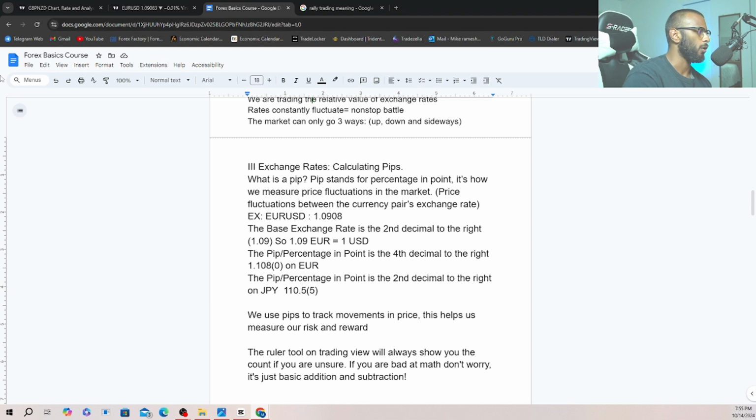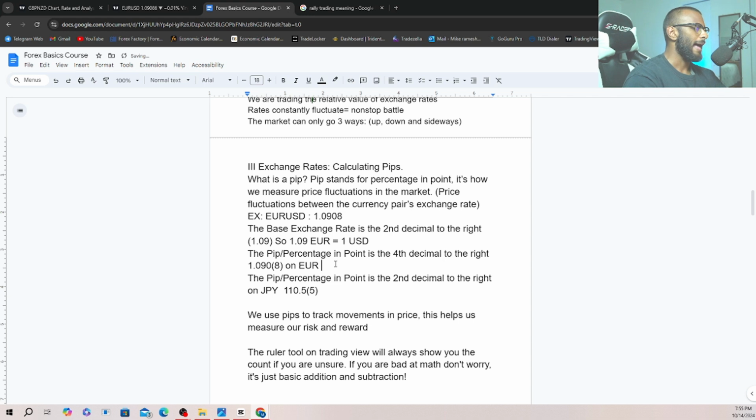The pip itself, or the percentage in point, is going to be the fourth decimal place to the right. For example, the first two digits right here are your base exchange rate. Now the fourth digit to the right is the actual pip. So in this case, 1.0908.